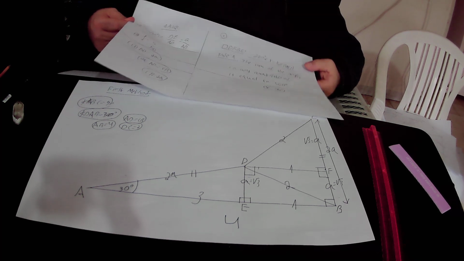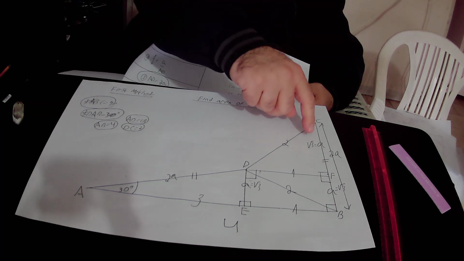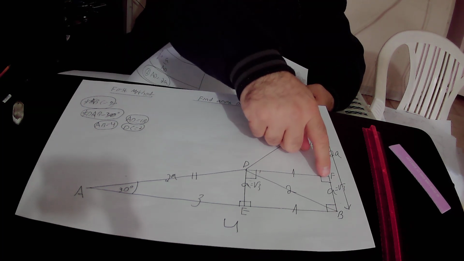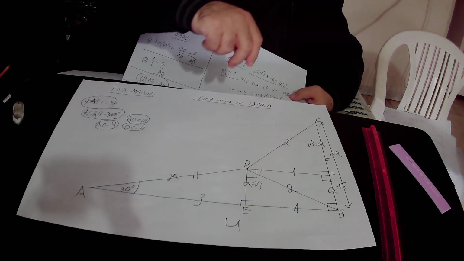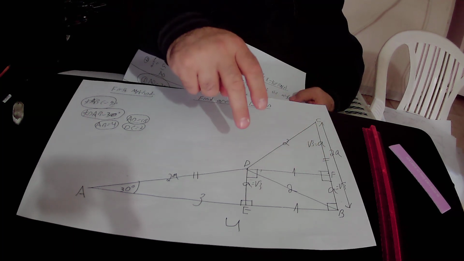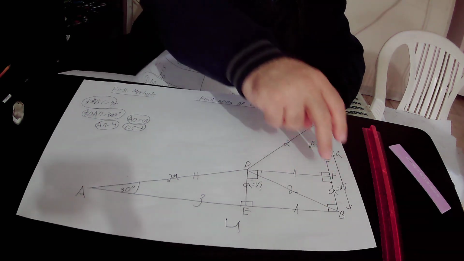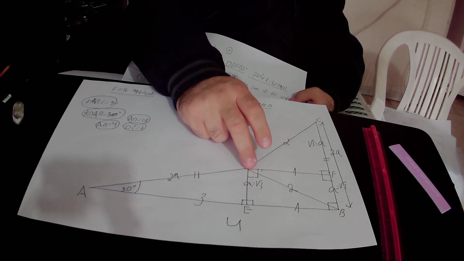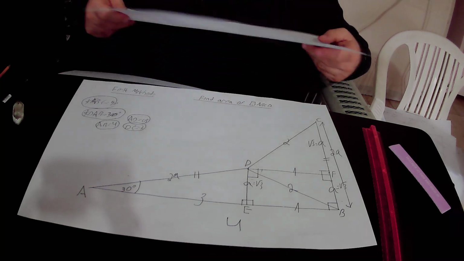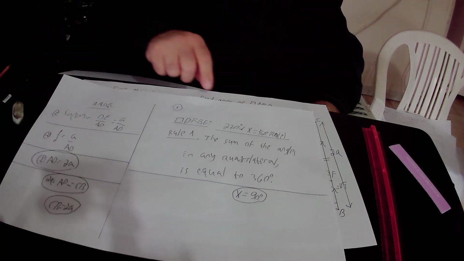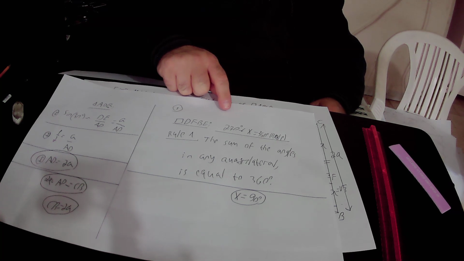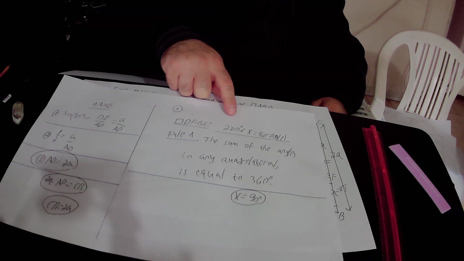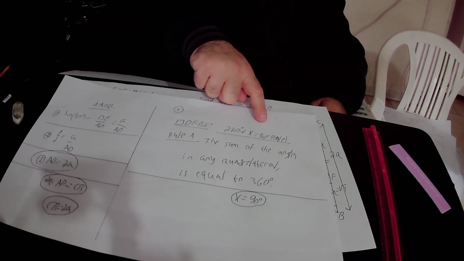Then we draw a perpendicular from point D to CB, so this angle equals 90 degrees and this angle equals 90 degrees. In quadrilateral DFBC, we have three right angles, and the sum of three right angles is 270 degrees, plus this angle that we define as angle X. According to rule number 1, the sum of the angles in any quadrilateral is equal to 360 degrees, so 270 degrees plus angle X must be equal to 360 degrees.